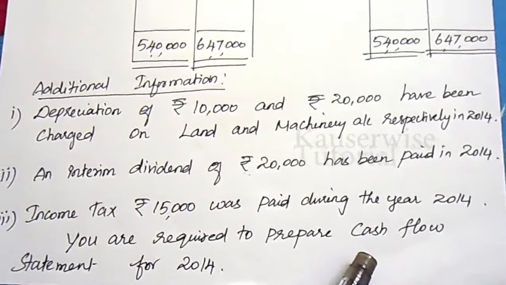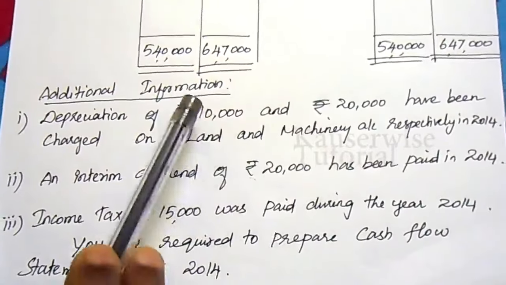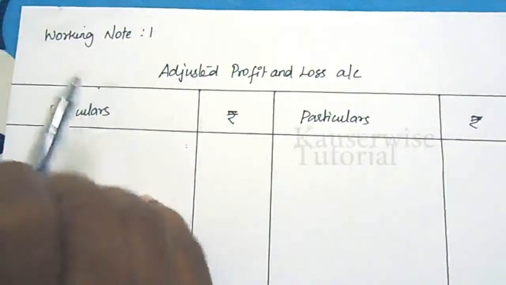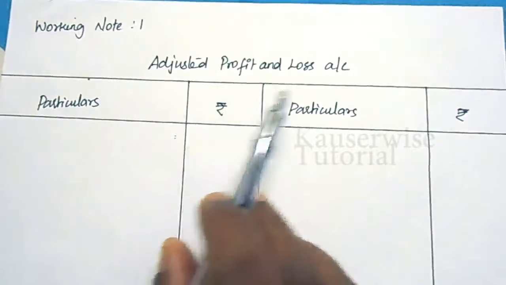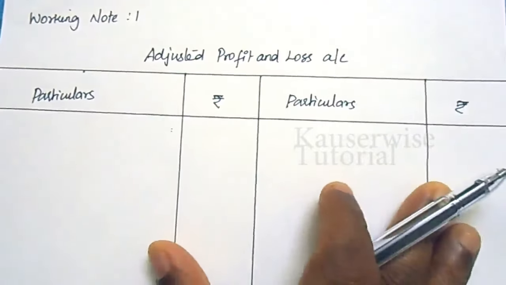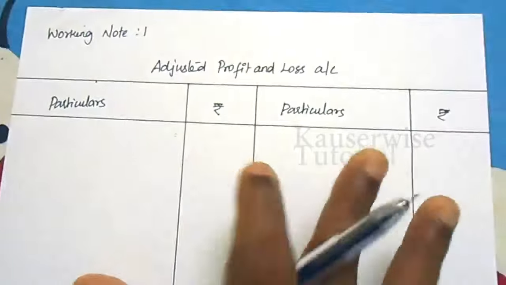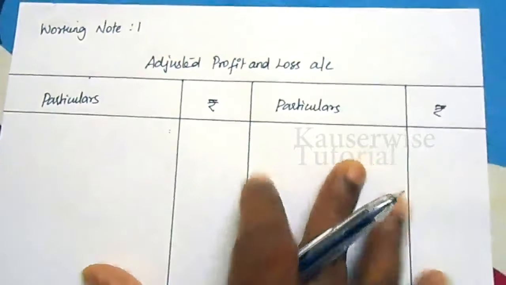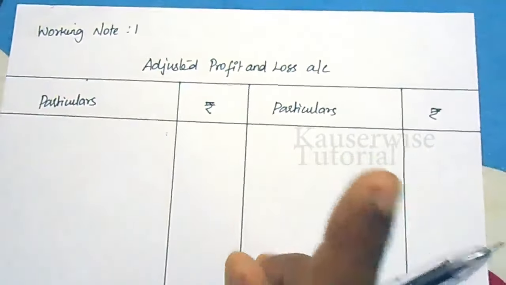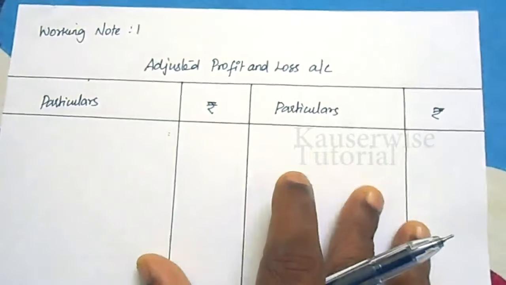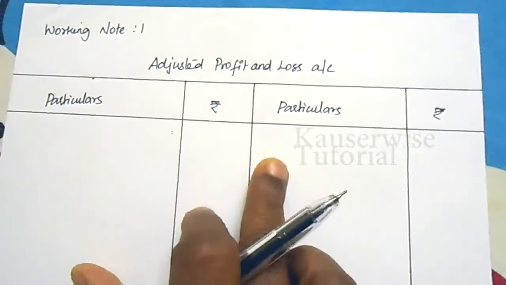Before that, you need to have some ledgers to show these adjustments. Let us see working note 1, that is the adjusted profit and loss account, in order to find the fund from operation. The fund from operation can be calculated in two different methods. One is the statement method and the second one is the adjusted profit and loss account method.